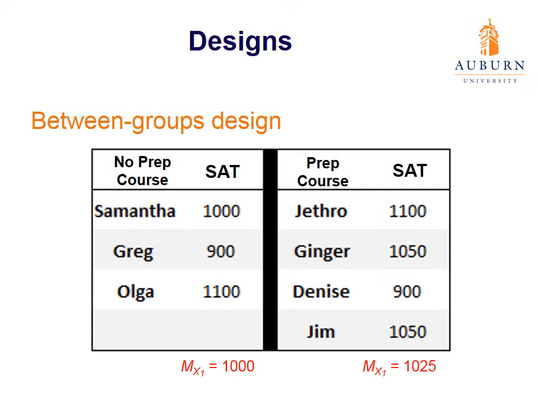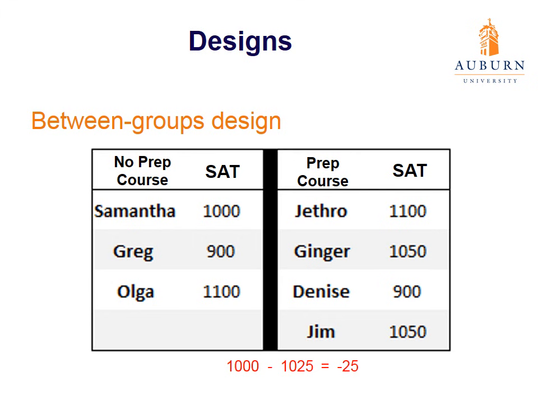So we can get an average for each of the samples. And so in the no prep course condition for Samantha, Greg, and Olga, the average SAT score is 1,000. And for the prep course condition for Jethro, Ginger, Denise, and Jim, the average in our sample for the prep course condition is 1,025. So we can use both of those values to infer back to the populations, where we have one population with no prep course and the other population with a prep course.